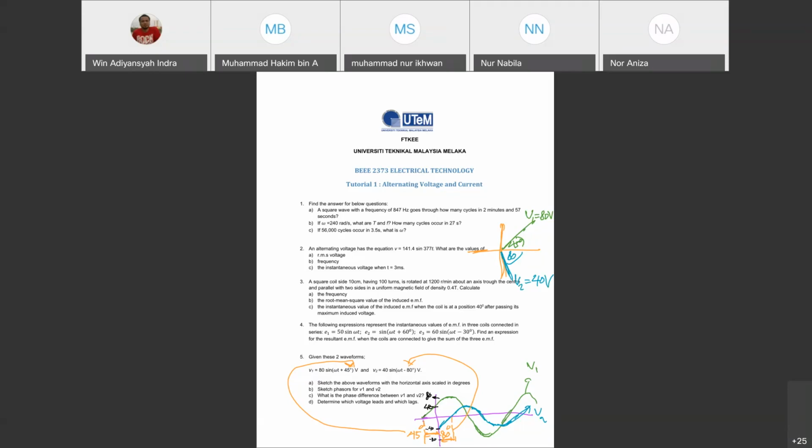Okay, there is B. If you have to sketch phasors for V1 and V2, look at the degree first. If it's plus, it's going up, the green one. If it's minus, it must be below the x-axis. Okay.